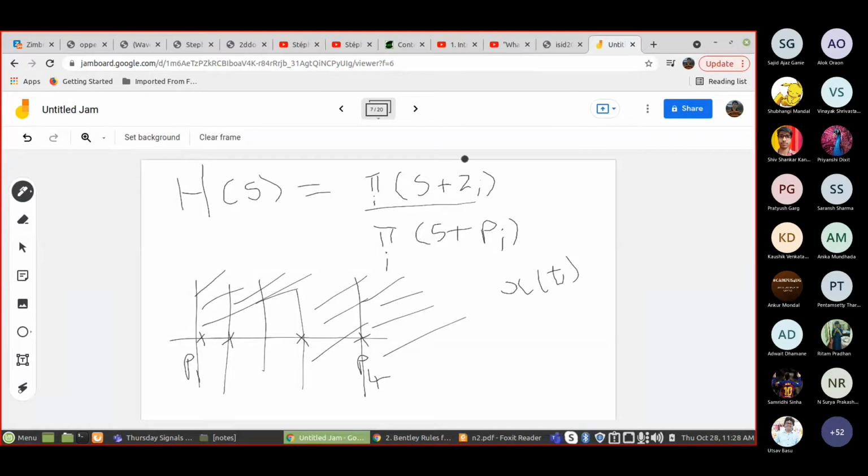All four integrals will converge only everywhere to the right of P4.